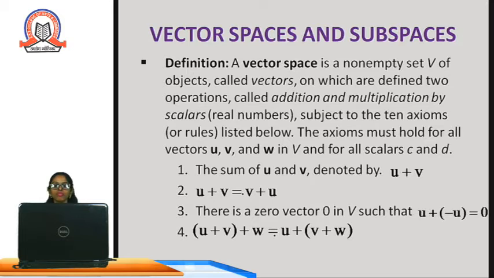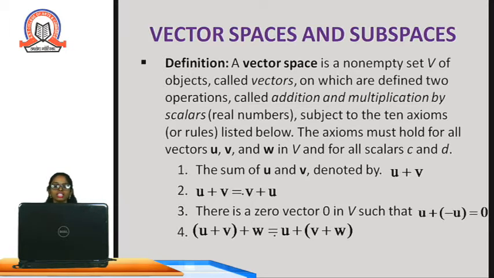The axioms must hold for all vectors u, v and w in V and for all scalars c and d. First one: the sum of u and v, denoted by u plus v, belongs to the set V. Next rule, commutativity: u plus v is equal to v plus u.